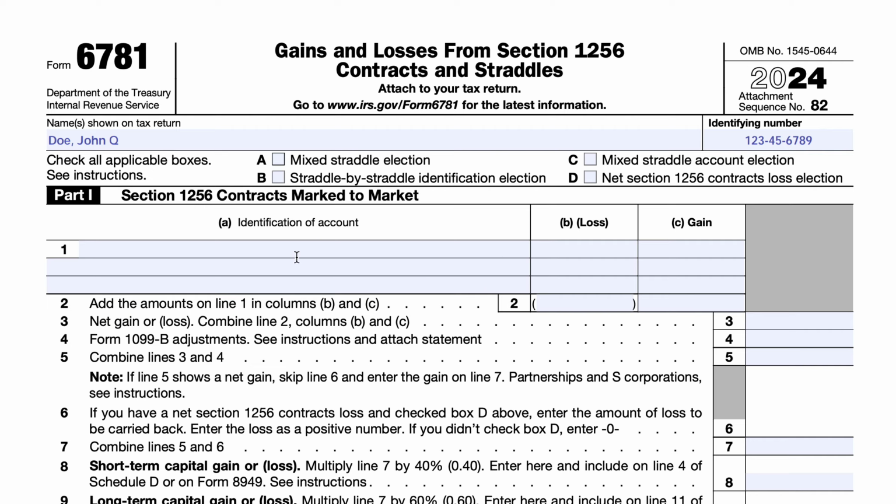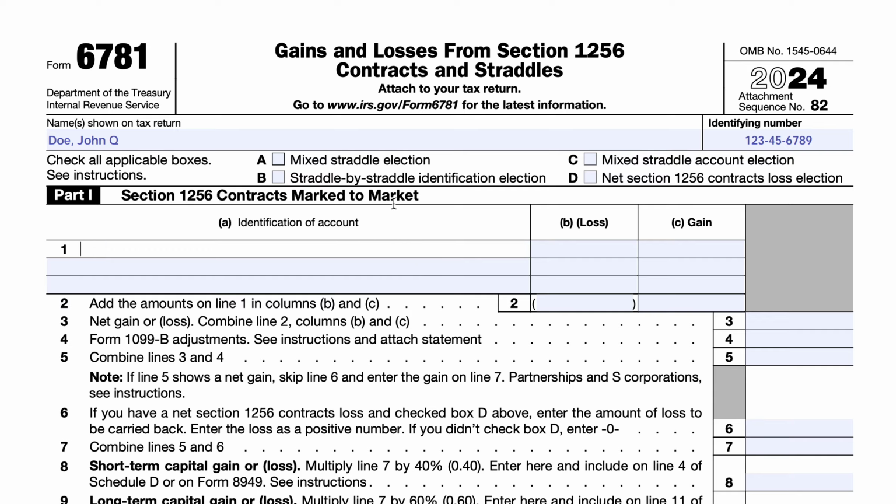If we had made an election, we would have to go down those specific rules. You don't have to make an election for A, B, C. And if we don't have a Section 1256 contracts loss, you don't have to make an election in box D.